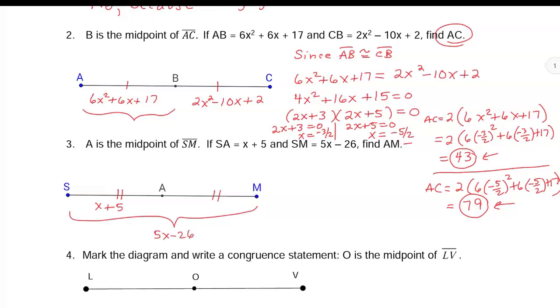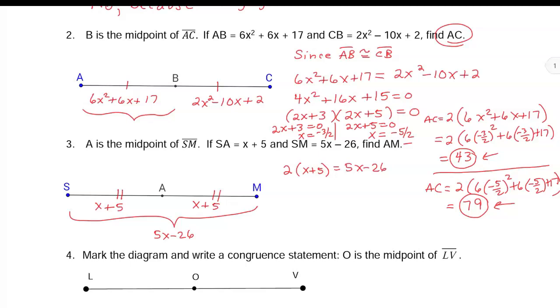So there's some way to set up an equation with these two pieces of algebra. You have choices. Since SA is x plus 5, then AM is also x plus 5. So you could add those x plus 5's together and set it equal to 5x minus 26. Or you could do 2 times x plus 5 equals 5x minus 26.